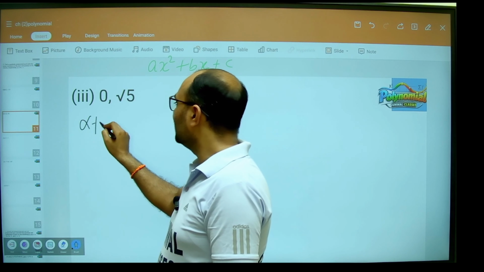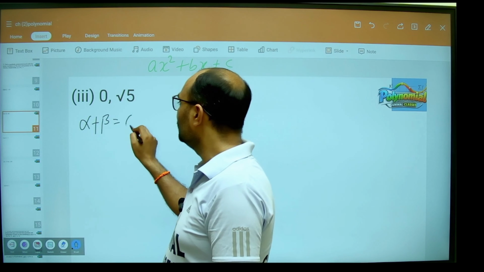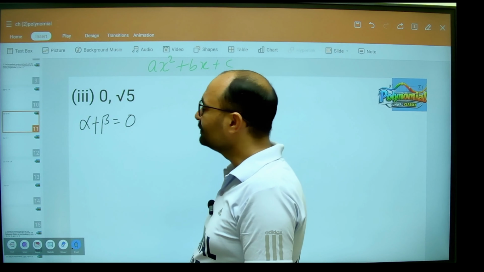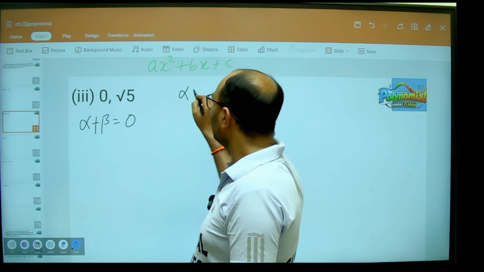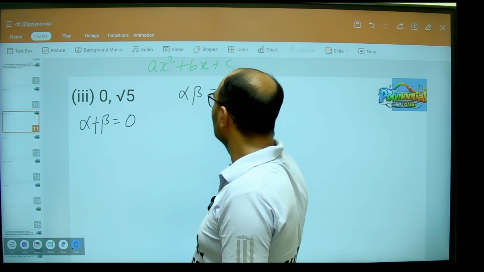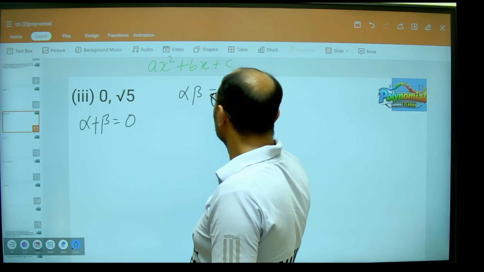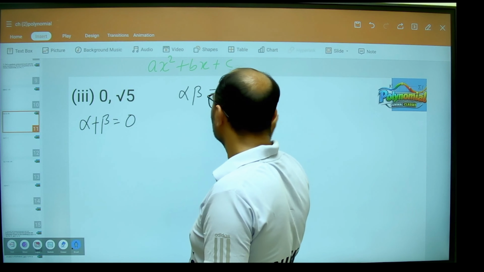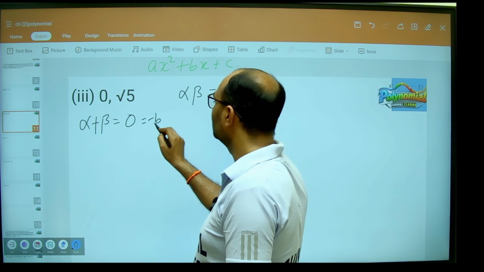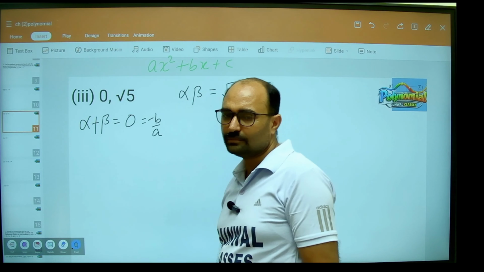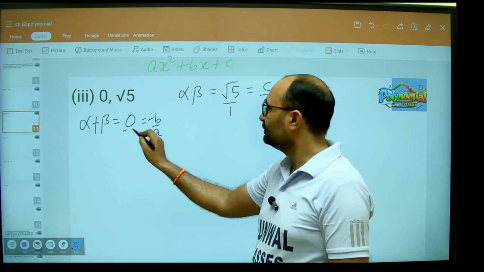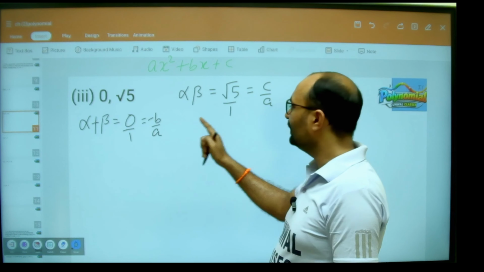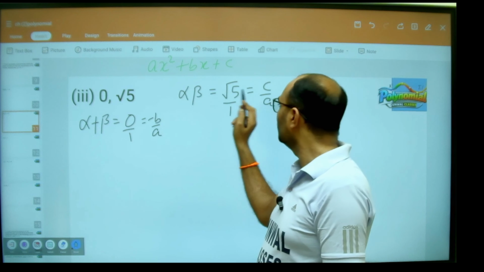Alpha plus beta is equal to 0. This is given to you. Alpha into beta is equal to root 5, which is equal to c by a. This is equal to minus b by a. A is 1, a is 1, b is 0, c is root 5.